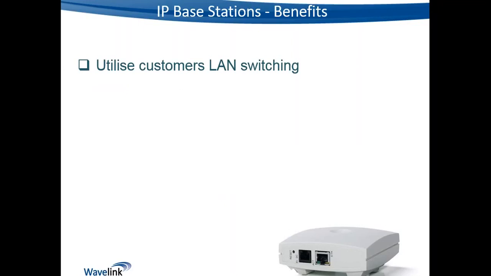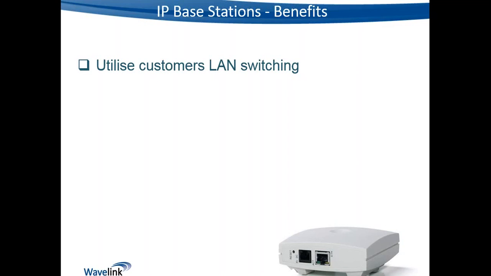Okay, we can utilize the customer's existing LAN switching, so their Ethernet switches, etc., which these days they'll typically be running for all their IT needs anyway. So we're simply tapping into that switched environment and not having to run a duplicate wiring infrastructure as we would if we were running digital base stations.